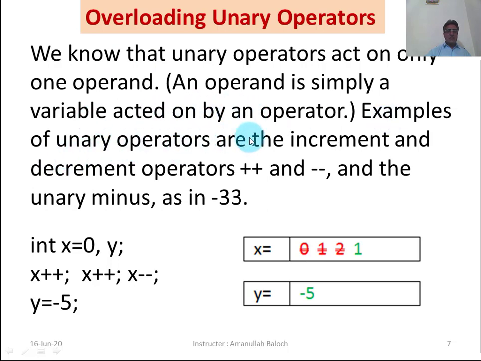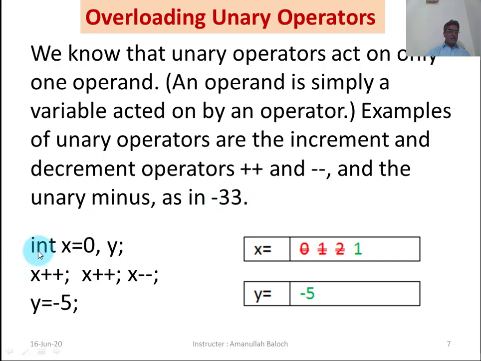Examples of unary operators are the increment and decrement operators, that is plus plus and minus minus, and the unary minus, as in minus 33. The minus operator is performing action on 33 and transforming this 33 into negative form.